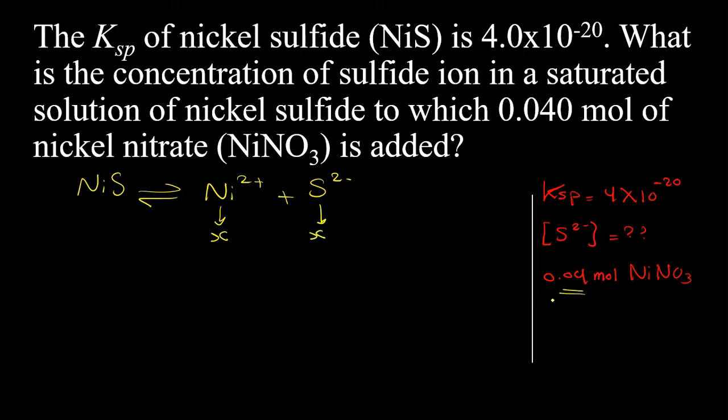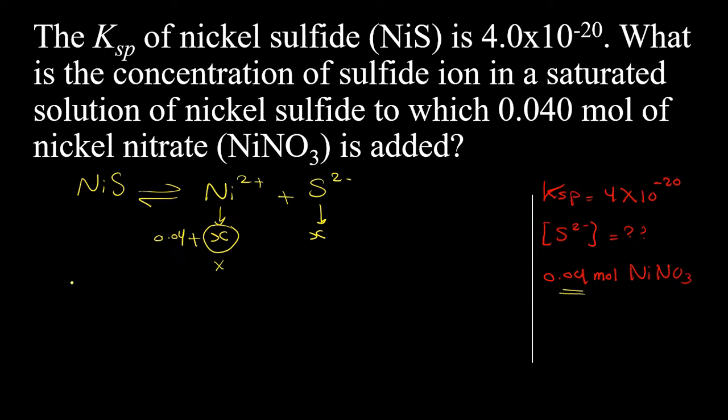So when you add nickel nitrate with 0.04, you also add to this nickel: 0.04 plus this concentration. The solubility constant, 4 × 10^-20, is very, very small. So we can neglect X. When you neglect X, the concentration of nickel equals 0.04.